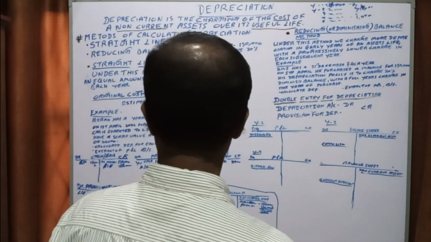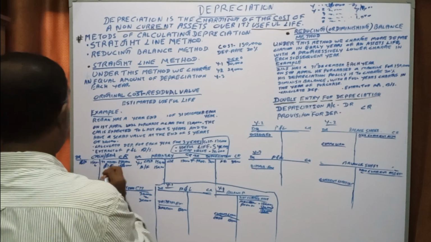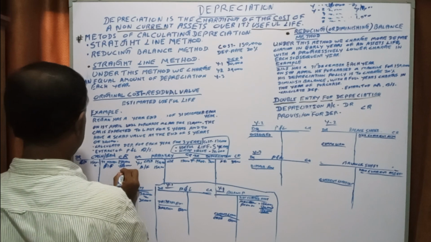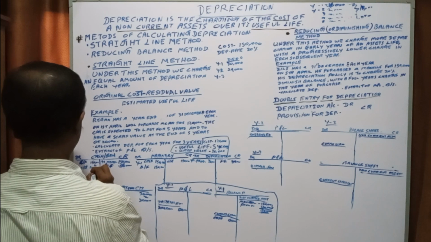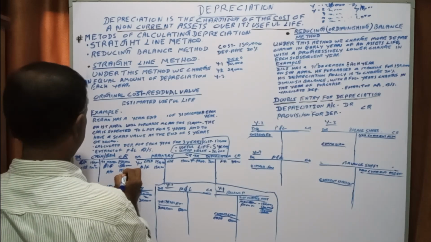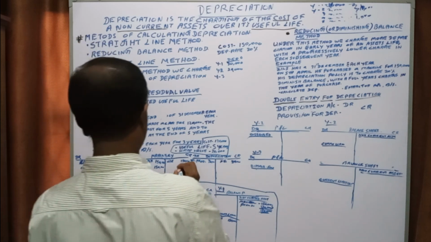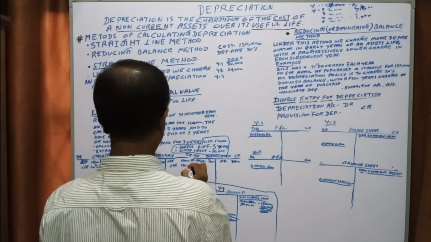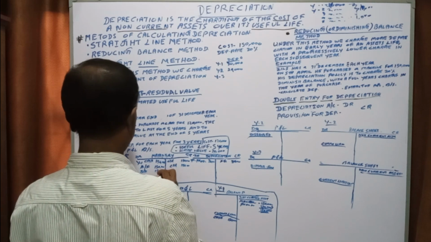Then what happened is, year 1 also cash at bank, no differences, right? Carried down 150, brought forward 150, right? Machinery also carried down 150, brought forward 150.